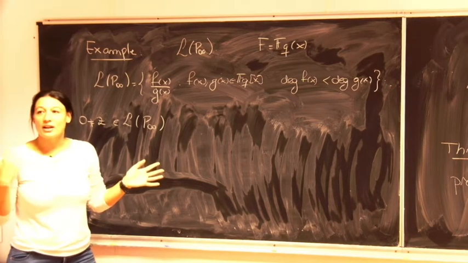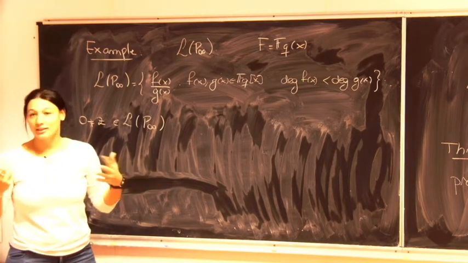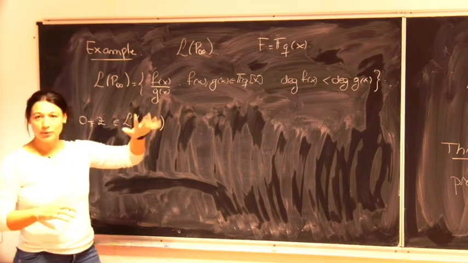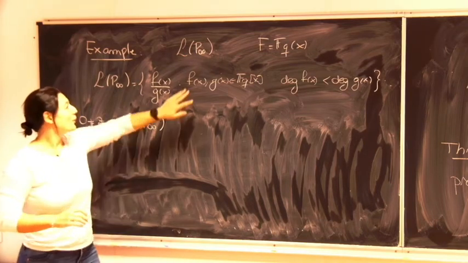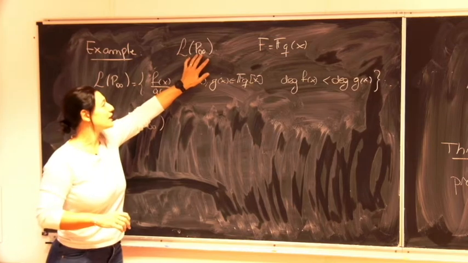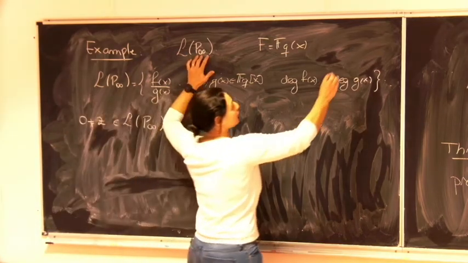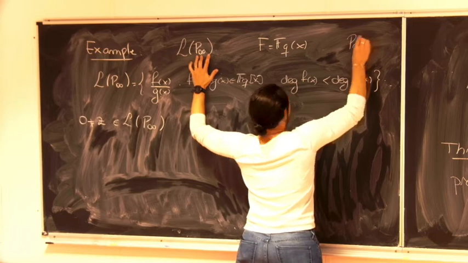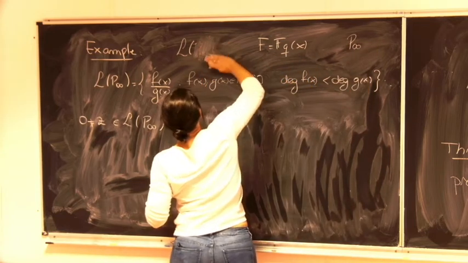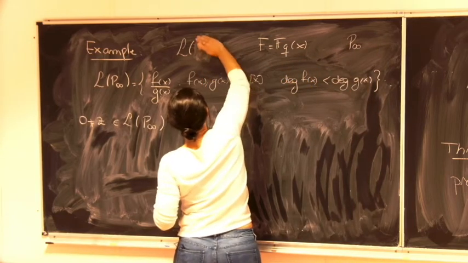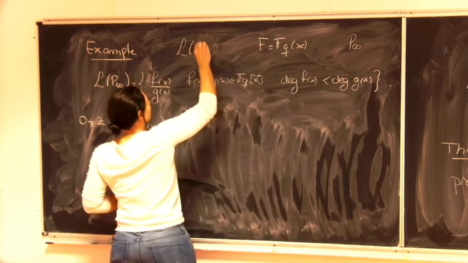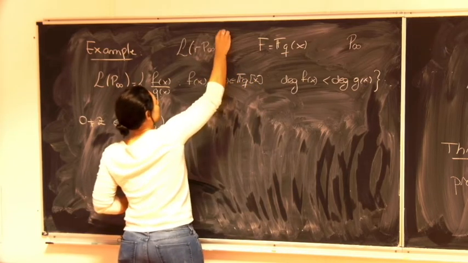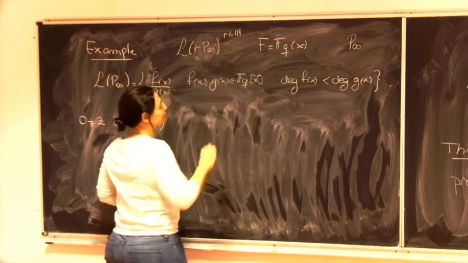Using the previous results, the theorem, the proposition, the lemma, everything, what we see is, well, let's not put just P infinity, because if not, I'm going to get really few things, but let's put r P infinity for some natural number r.